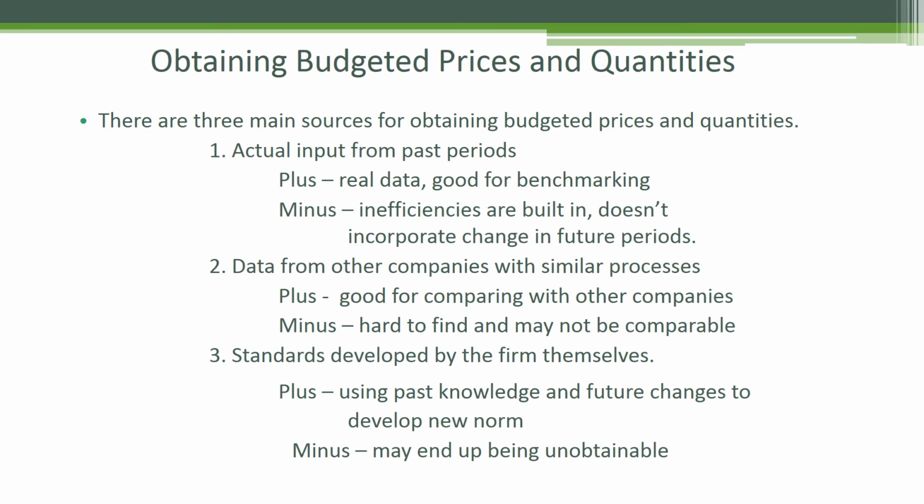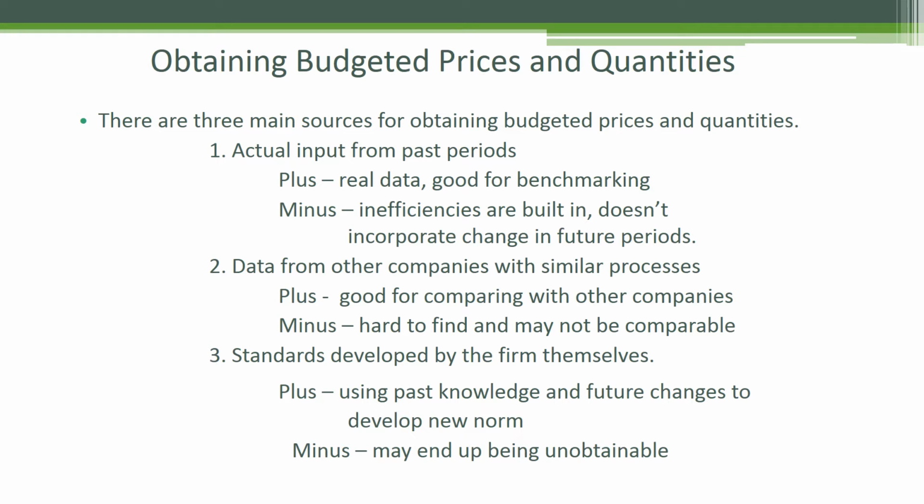In order to calculate our price and efficiency variances, we need to obtain budgeted prices and budgeted quantities, meaning what's the budgeted price for the input that I'm about to use, and what is the quantity of that input that I'm going to use. There are three main sources for obtaining this information. Each has their pluses and minuses.